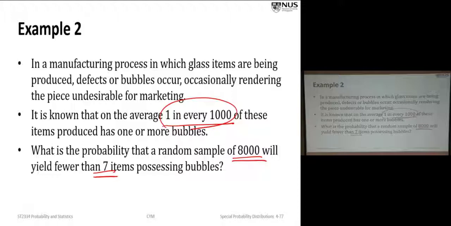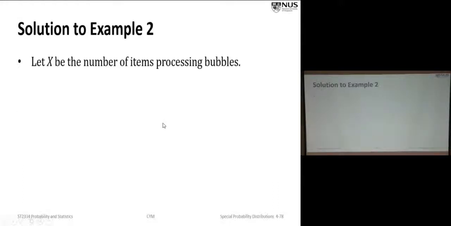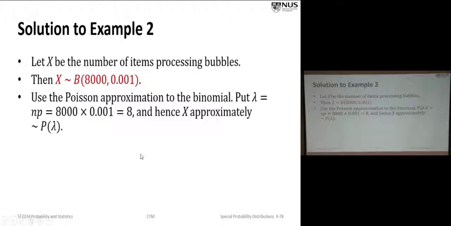So again, this is a binomial distribution, except that now n is quite big, it is 8,000, and p is quite small. So we try to approximate this. Let x be the number of items having bubbles, and x follows a binomial distribution with parameters 8,000 and p equal to 0.001.